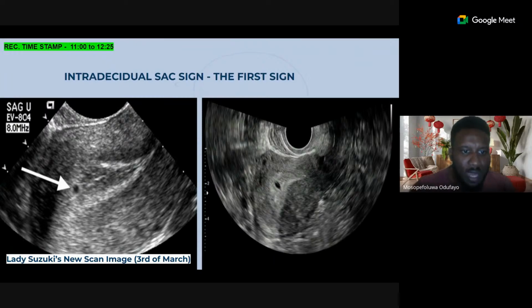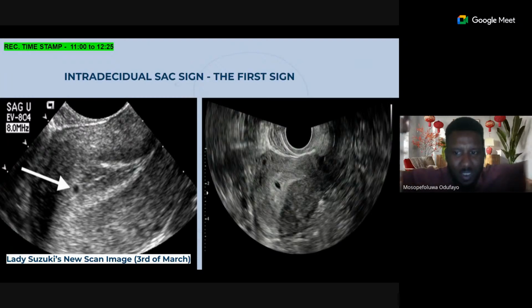On the 3rd of March, we can see a black hole around a thickened hyperechoic endometrium. Is that okay? This is what we call an intradecidual sac sign. Small black hole.